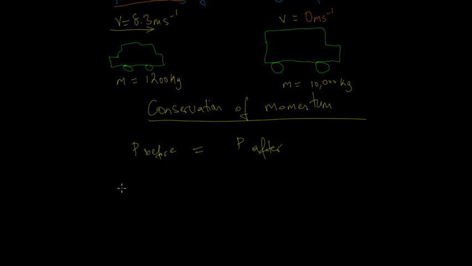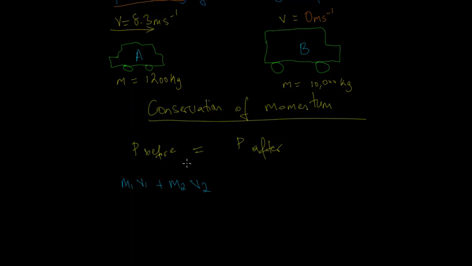So we can write a formula which says that the momentum of a system before, in this case we have two objects in our system, let's say this is object A and we have object B, so we can say M1 V1 plus M2 V2, where this is the momentum of object A and this is the momentum of object B before collision.